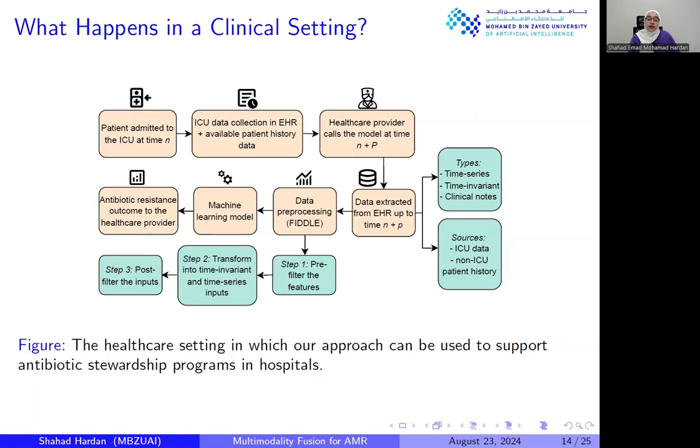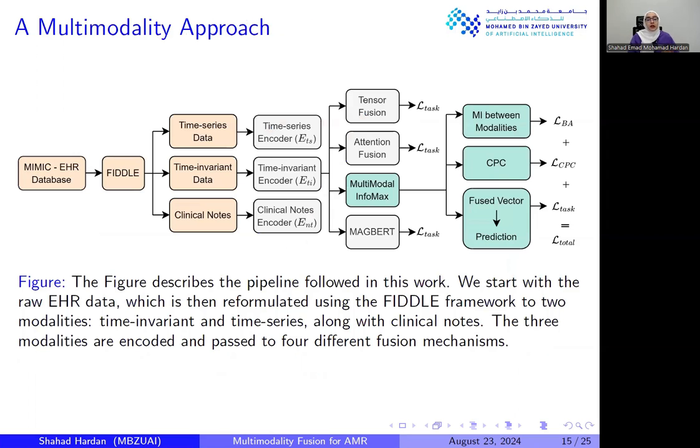So we're not really discussing up until now the machine learning model, so let's start doing that. We're focusing on a multimodality approach. For this multimodality approach, we take the FIDDLE pre-processing outcomes, and we have 3 different modalities: time series, time invariant, and clinical notes.